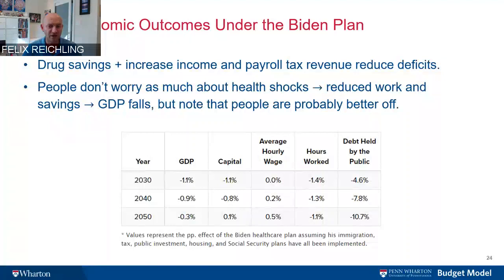So you overall have more tax revenues coming in than outlays go up. By 2050, GDP will be just slightly lower than what is on a current baseline.